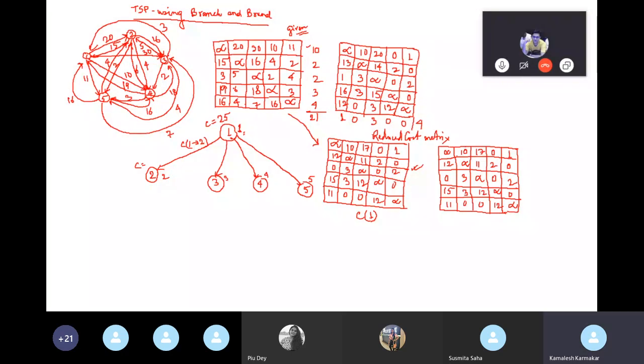Just wait for a minute, I will change this color. I will mark it as infinite.